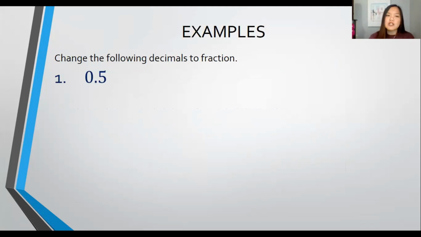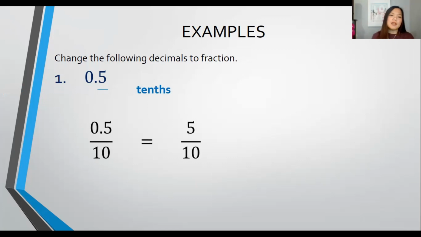We have 0.5. Take note of the place value of 5. That's tenths. So, it will become 0.5 all over 10, which is equal to 5 divided by 10. So, my second step is to make it the denominator of the decimal.